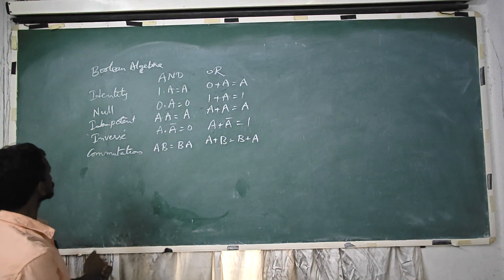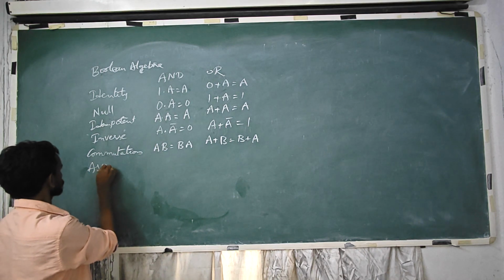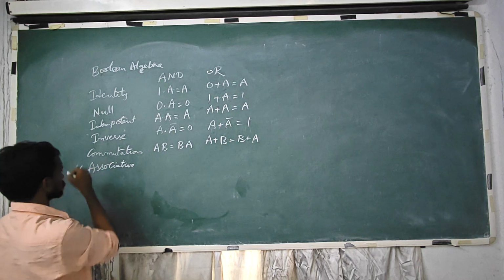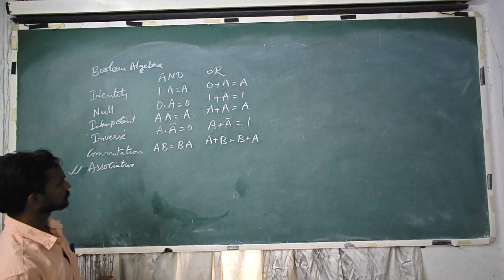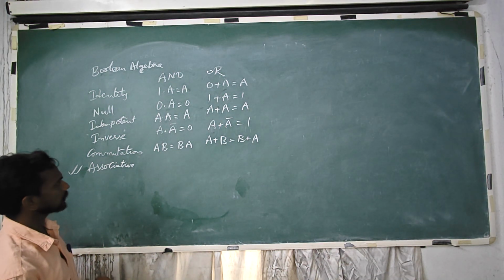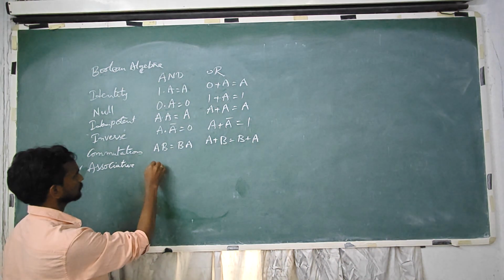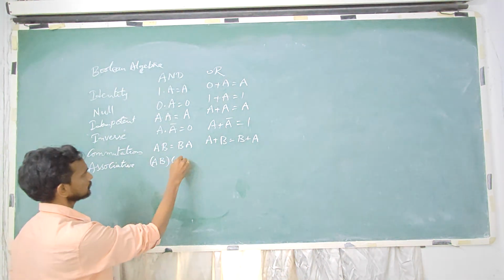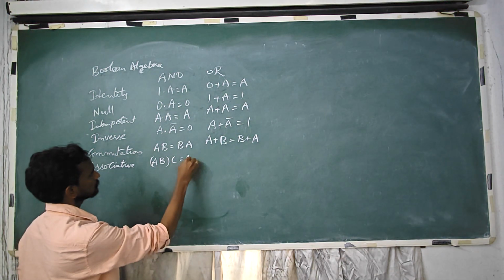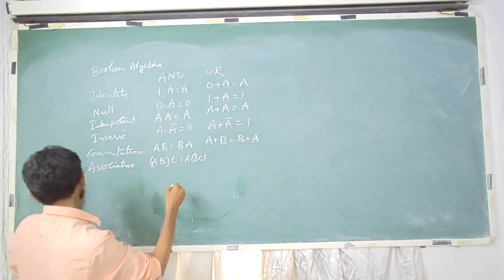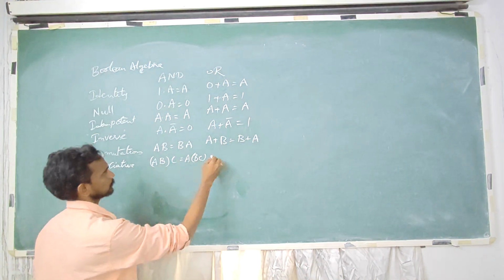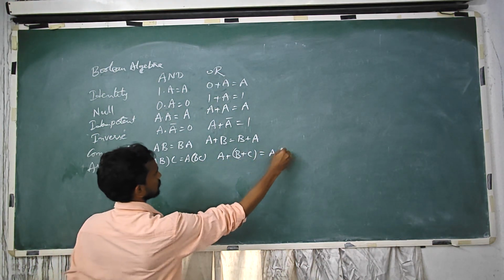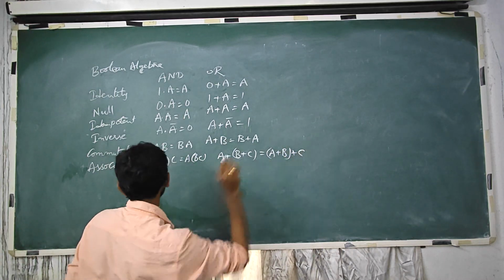Next one, associative law. A B into C equals A into B C. And A plus B plus C is equal to A plus B plus C, grouped either way.